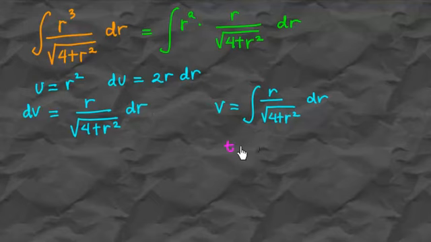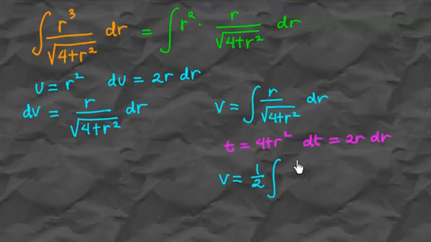Let's choose t equals 4 plus r squared, so dt is 2r dr. So the integral can be written as the integral of 1/2 times 1 over square root of t dt.